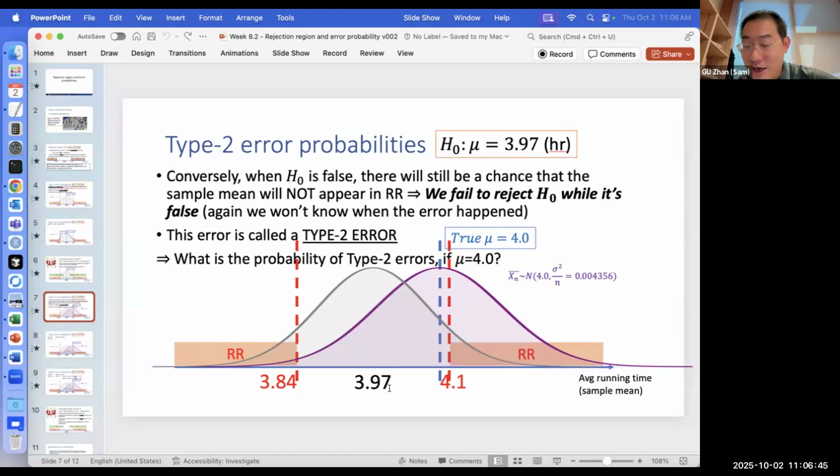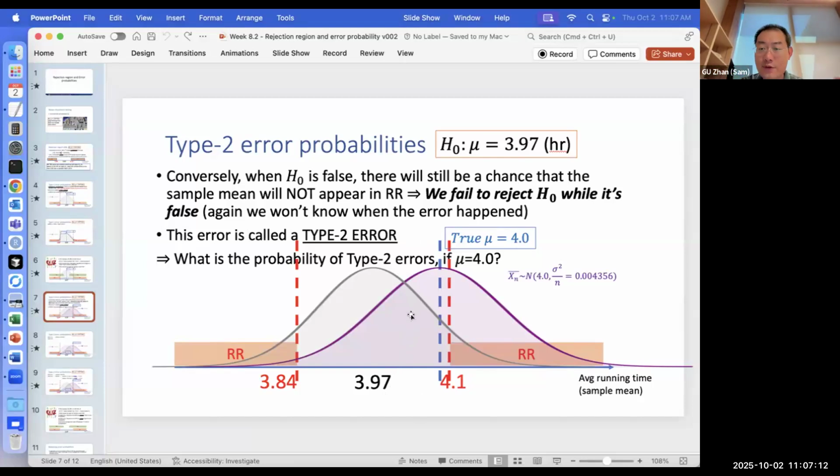So this is our conclusion, right? But this conclusion is wrong. It is against the reality, because the true mean is 4.0, so they should be different. But after testing, since this sample mean is not in the rejection zone, we make a mistake. And this mistake is called type 2 error.